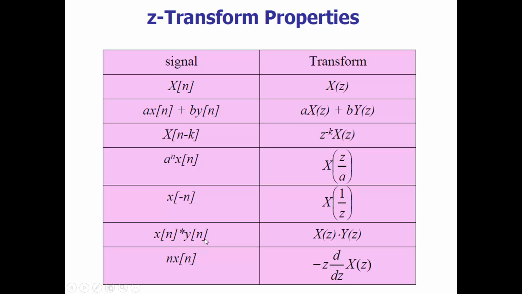The convolution of x[n] and y[n] will be equal to X(z) into Y(z), and n x[n] will be minus z d/dz of X(z). All right, so these are some standard z transform properties.